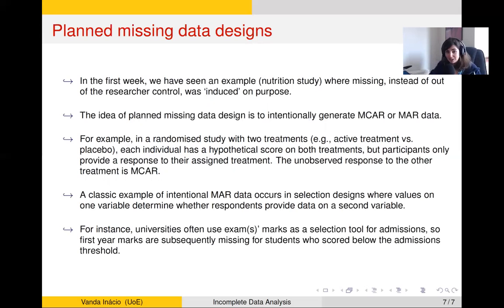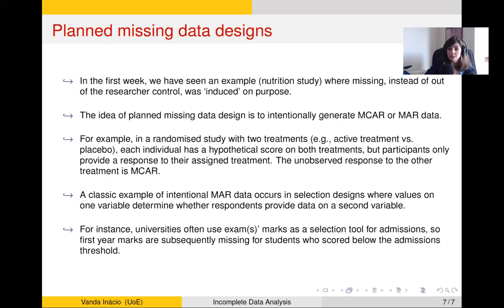And I have two examples here. One is a kind of extreme, but it's very common. So imagine a randomized study with two treatments, and we can think of the treatments as an active treatment against a placebo. The way randomized experiments are conducted is we have the individuals that are enrolled in the study, and then in a random way we assign them either to the active treatment or to the placebo group, and then we measure the outcome of interest, the response to a treatment.